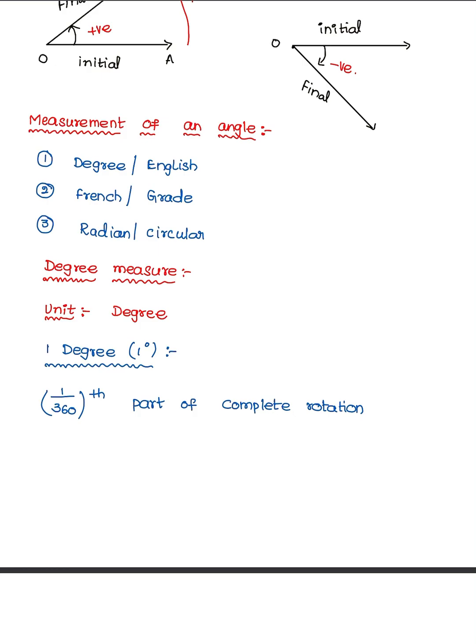Suppose complete rotation means it is circular form. The angle in this is 360 degrees.